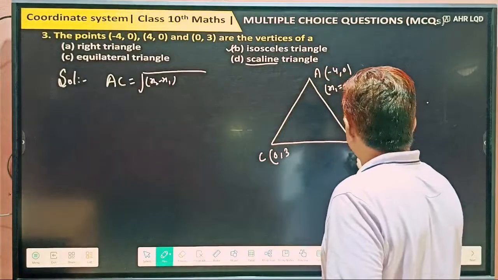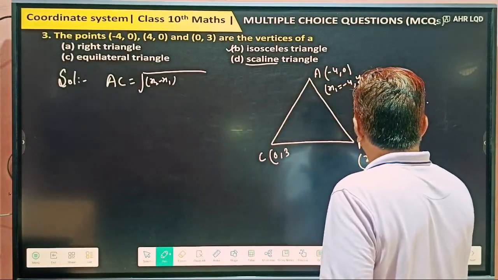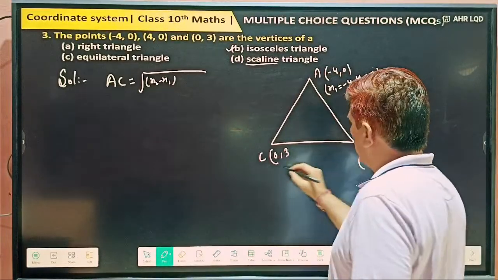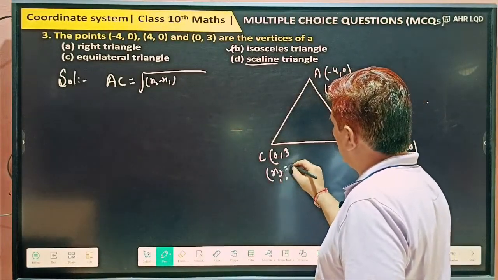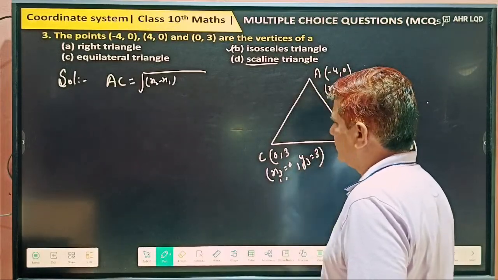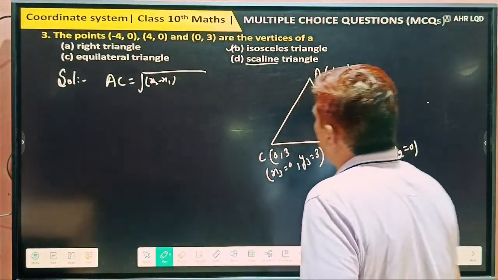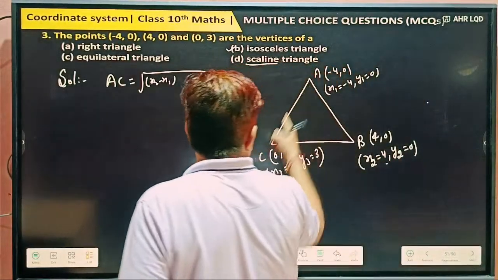For B, x2 equal to 4, y2 equal to 0, and for C we can say x3 equal to 0 and y3 equal to 3. Yes or no? So we have to find out AC.